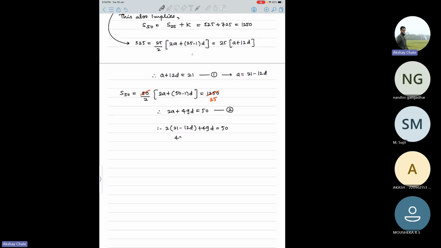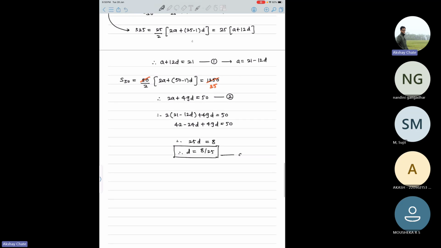So this is 42 minus 24d plus 49d is 50. So 8 will remain here, and here it will be 25, right? So 25d. So d is nothing but 8 by 25. So this is your answer.